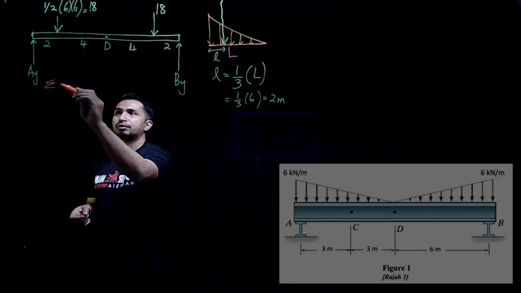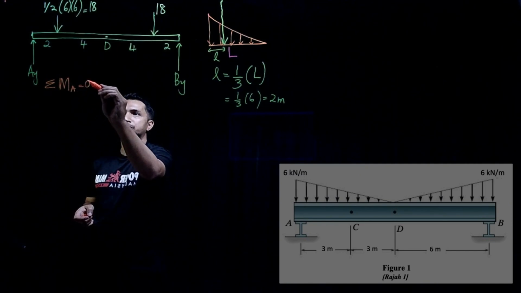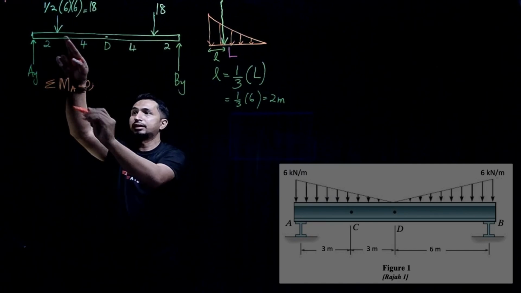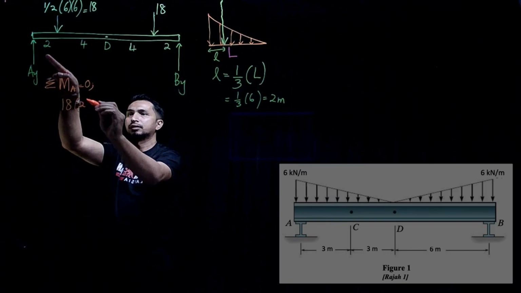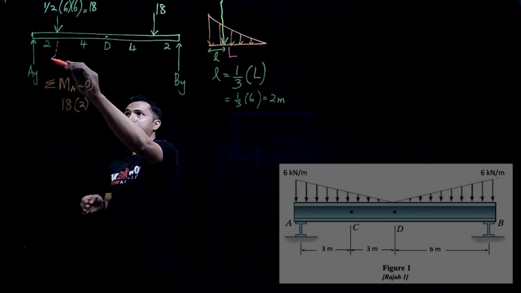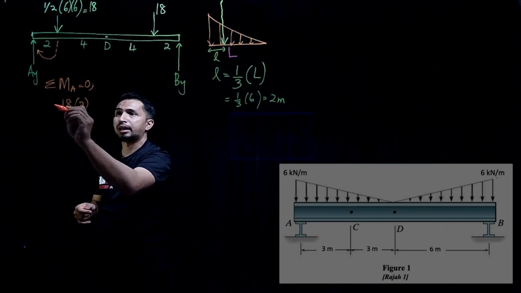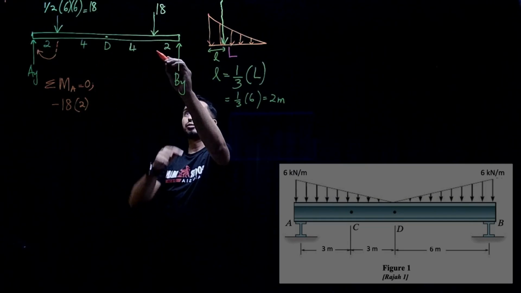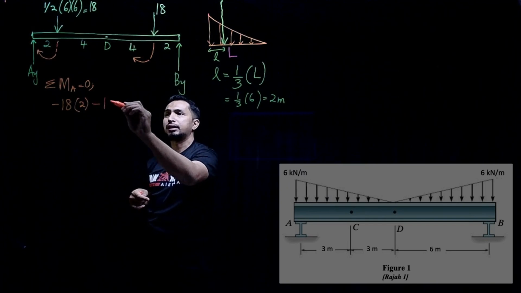So summation of moment at point A equal to 0. So I have 18 here. Distance to point A is 2 meter. The arrow is going down, it will rotate about point A clockwise. Clockwise, we put a negative sign here. And then I have another one, 18 over here going down, also minus 18.